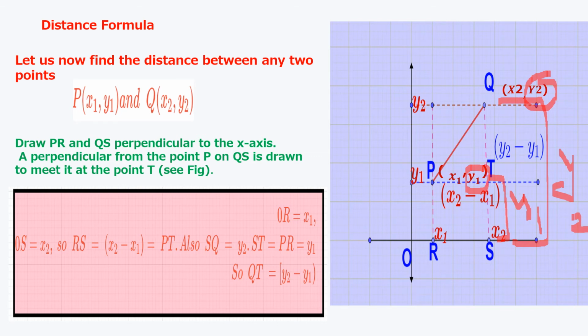Now subtract y2 minus y1. Then what shall we get? We will get the distance QT. Right? If you subtract y2 minus y1, this much distance is subtracted, then this much distance is remaining, and that is y2 minus y1.